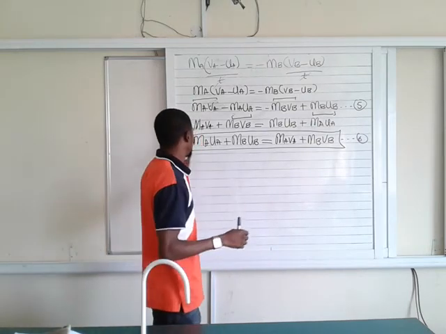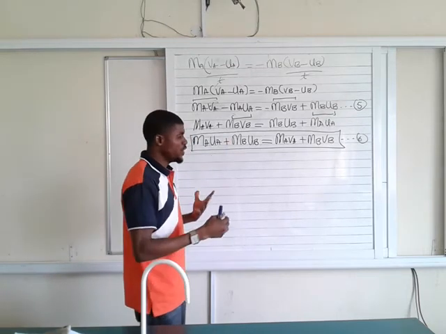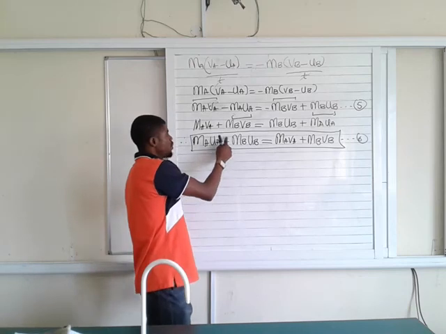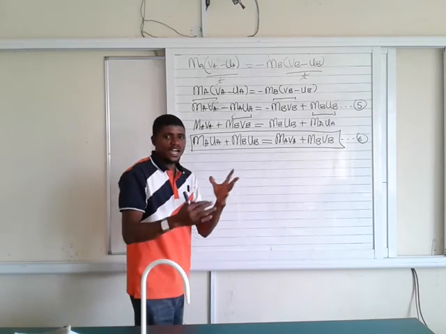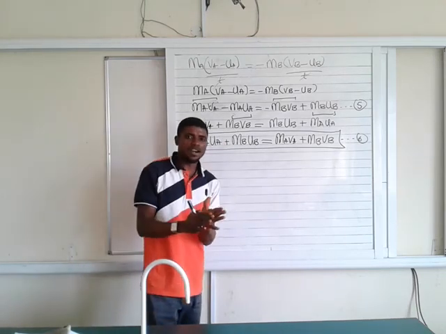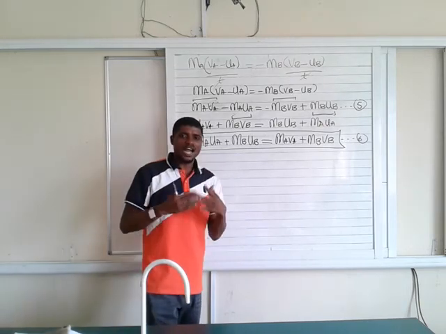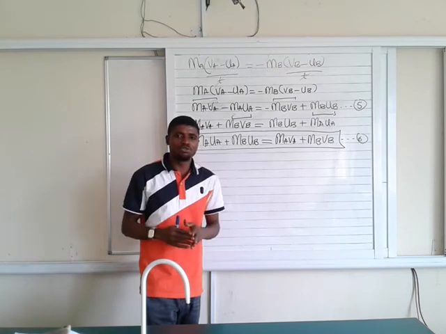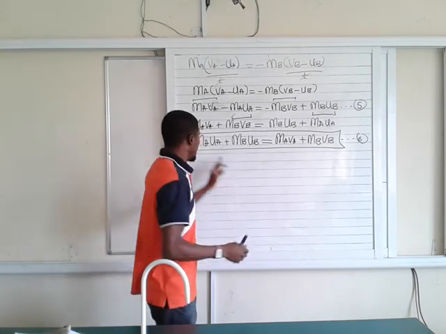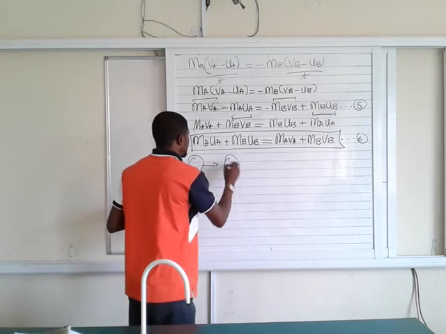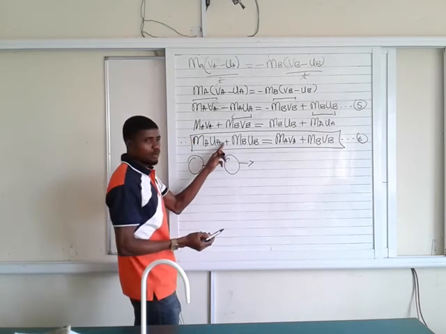Take notes. If two bodies are moving in the same direction before collision, you have a plus sign here. Mind you, when vectors are acting in the same direction, what do you do? You add the vectors. When vectors are acting in opposite direction, what do you do? You subtract the vectors. And so, if two bodies are moving in the same direction, you put a plus here.